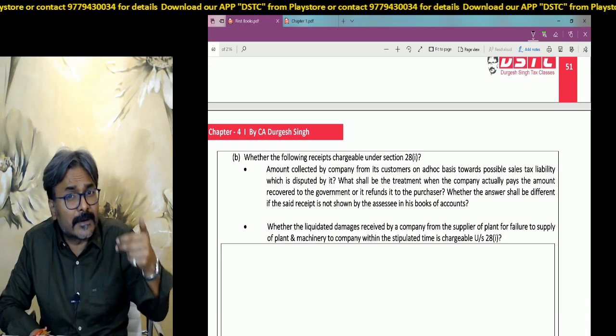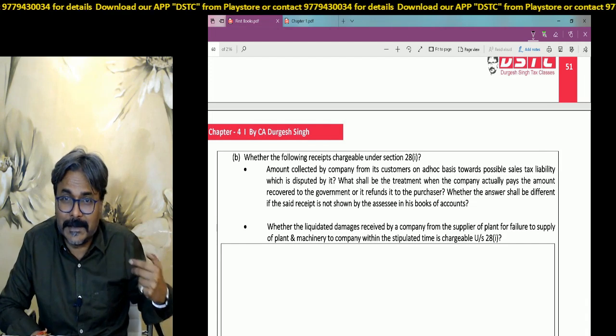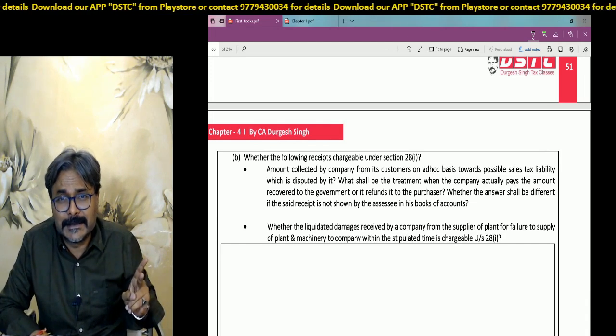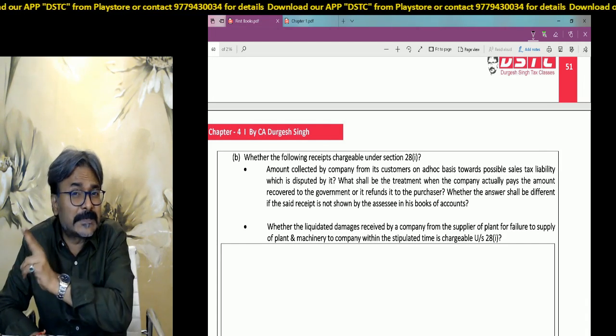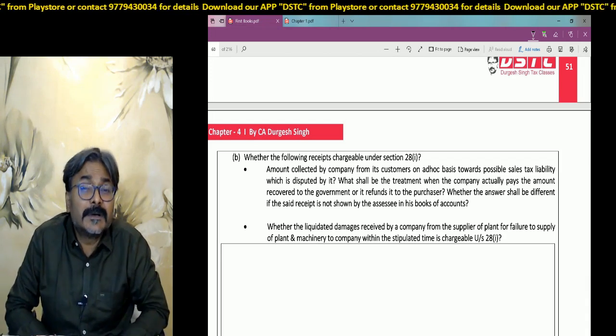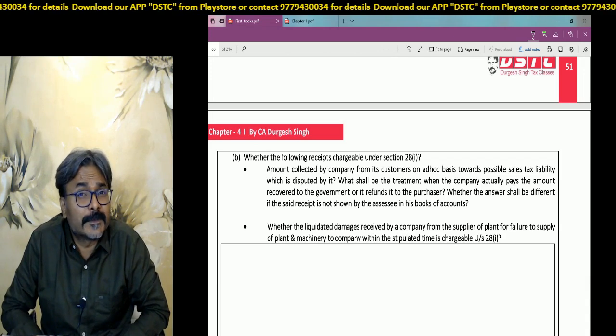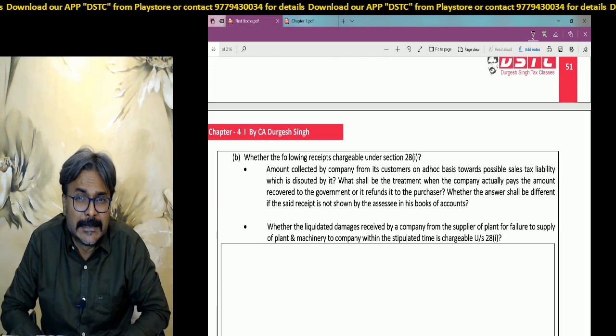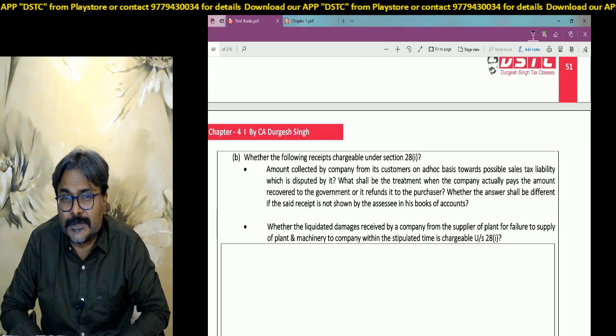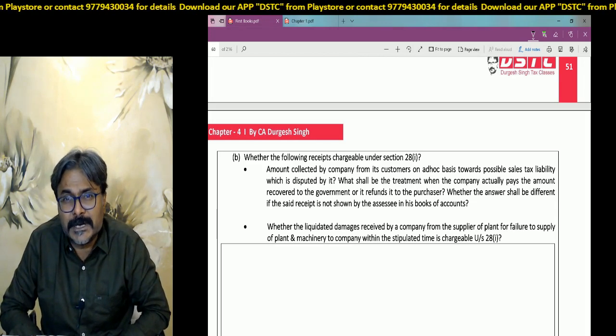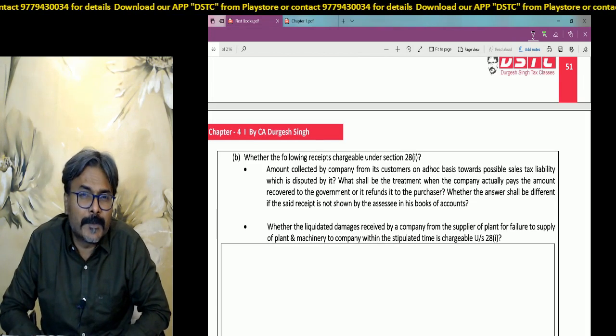Because they are neither this nor that. But because of the specific charge, what was the section number? The section number was 28(2)(e). So because of that specific charge under a particular section, those amounts are now being brought to tax.